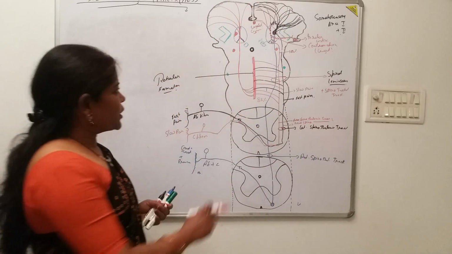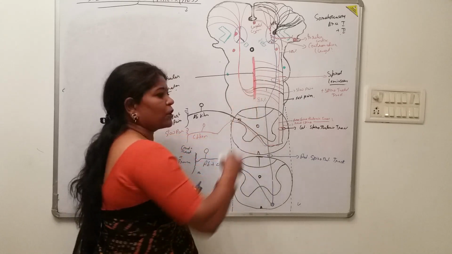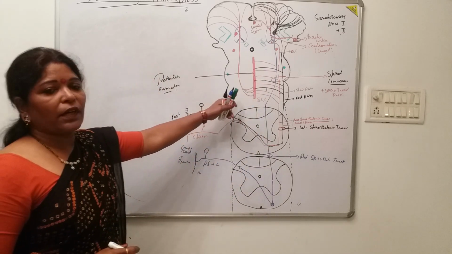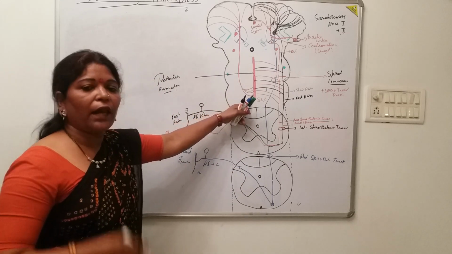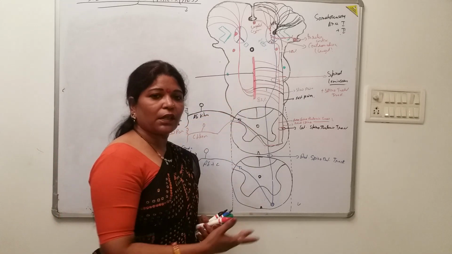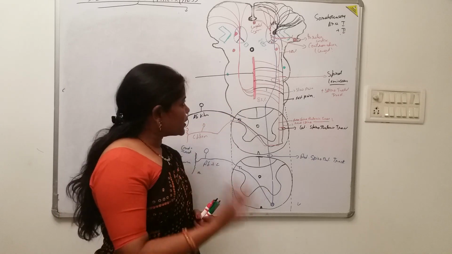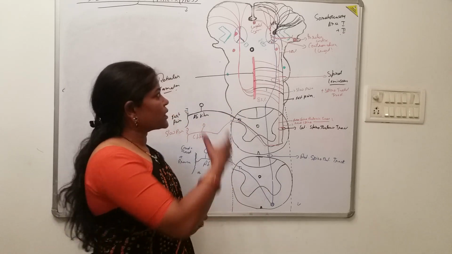What is the function of this reticular formation in relation to the pain sensation? The reticular formation alerts the cerebral cortex, it awakes the cerebral cortex. It is related to the arousal phenomenon of the cerebral cortex.